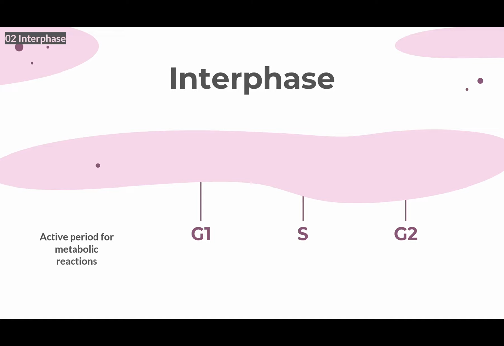Then throughout the S phase, or the synthesis phase, we have the DNA replication in the nucleus. In the nucleus, the DNA is made into chromosomes and is then replicated. Then the second growth phase is the growth and preparation for actual division.